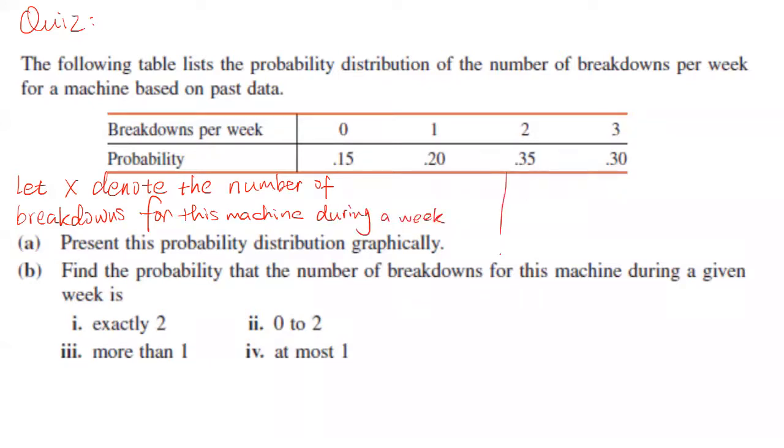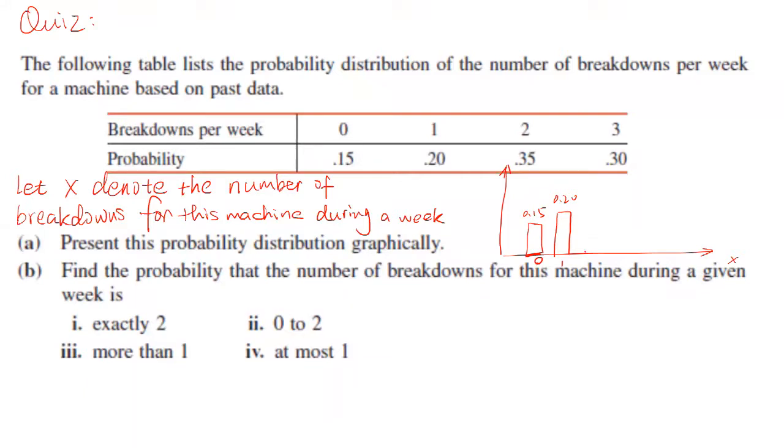And then we can draw a bar chart here. The x-axis is the random variable X, and X assumes values of 0, 1, 2, 3. The probability of being 0 is 0.15. The probability of being 1 is 0.20, a little taller than the previous one.